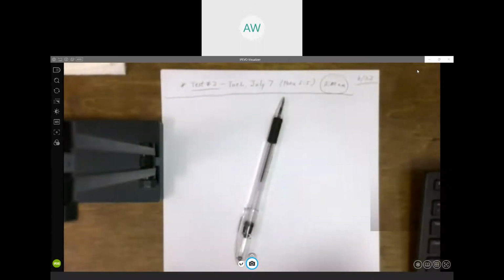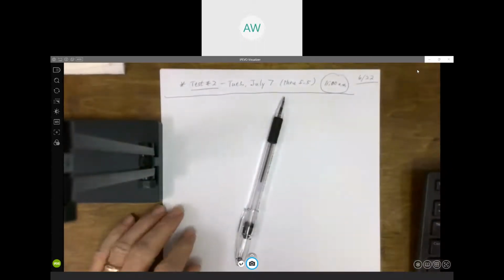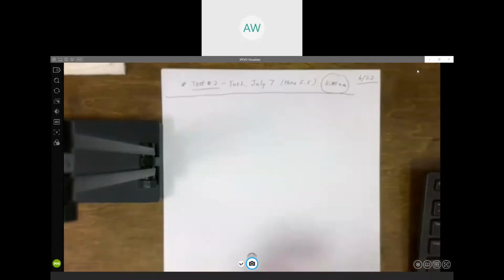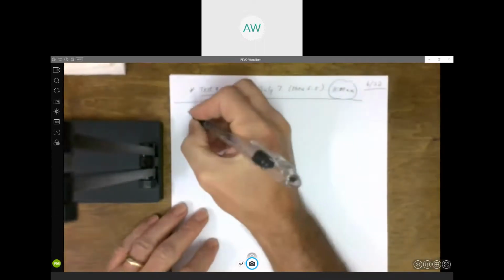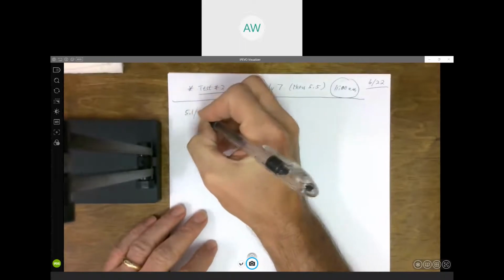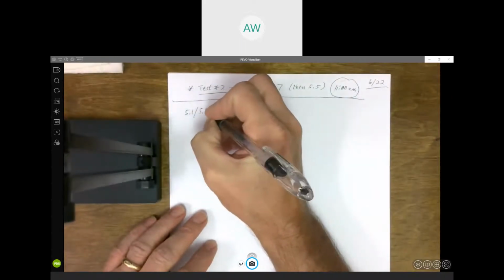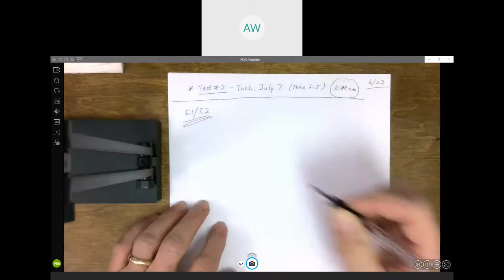Before we get started working any problems, just remind everybody last Friday we were talking about twisting circular shafts.